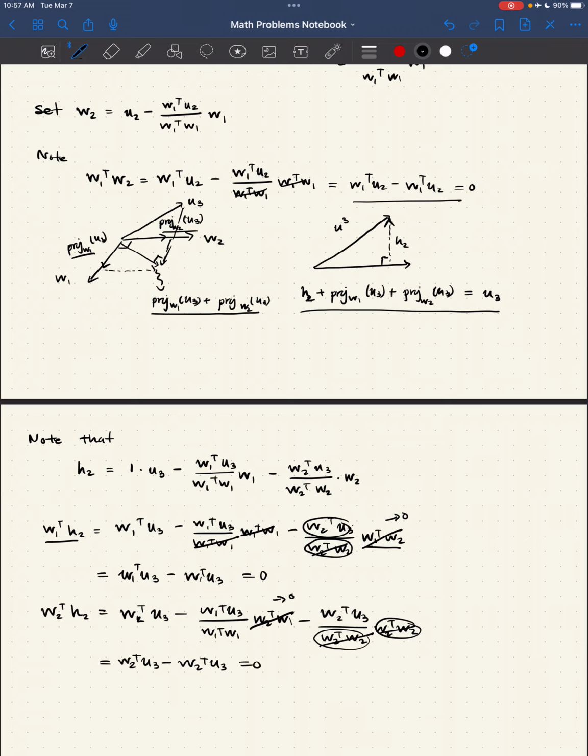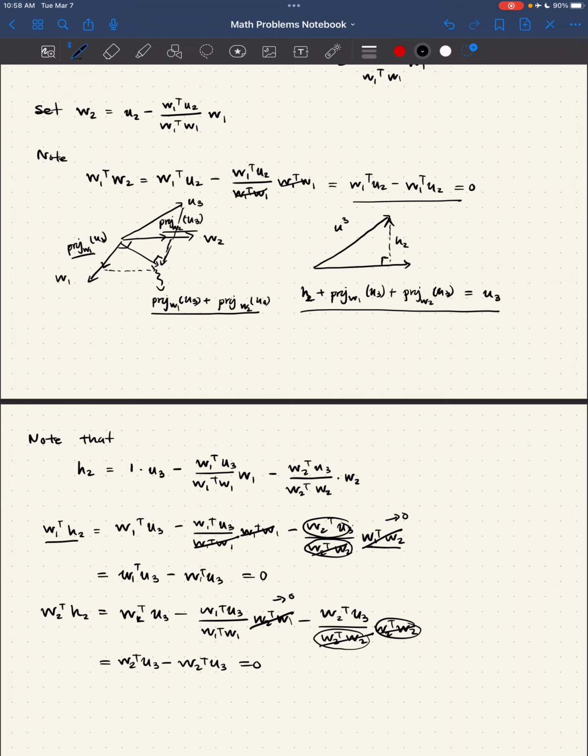So with this, we can check that H2 is a vector that is orthogonal to both W1 and W2. And in fact, H2 is a linear combination of W1, W2, and U3. So what this says, after some algebraic manipulation, is that the spanning set of U1, U2, and U3 is exactly the same as the spanning set of W1, W2, and H2.